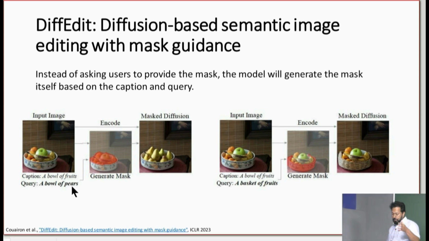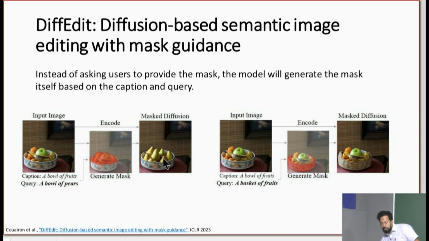So what the model should learn is where the fruits are. Basically, some form of masking it should learn. So the intermediate representation should be the masking. Where are the fruits? These red ones are the fruits. After you have located those fruits, you fill only that part with pears.